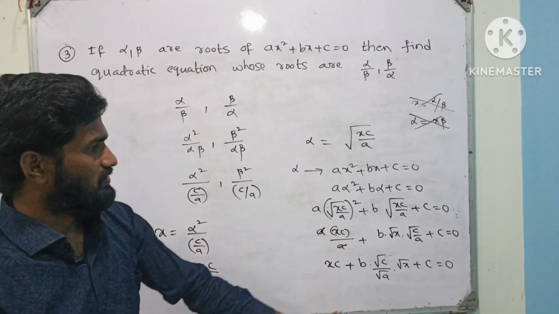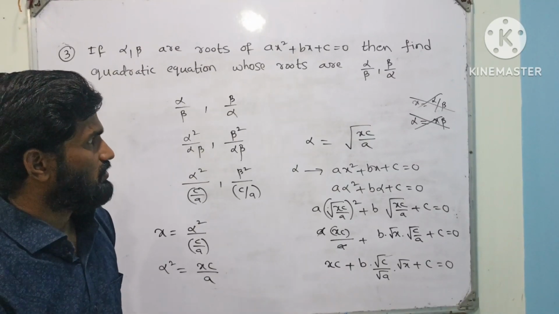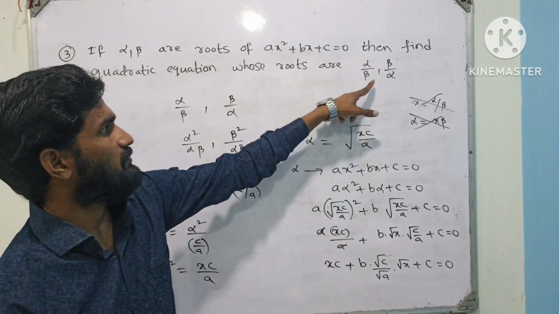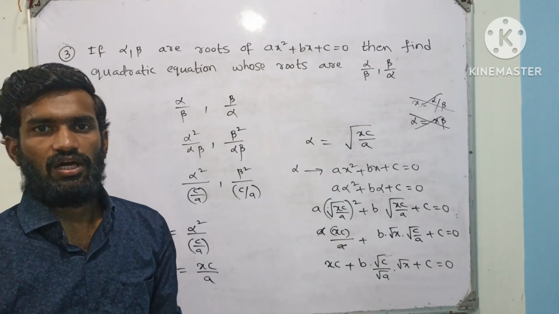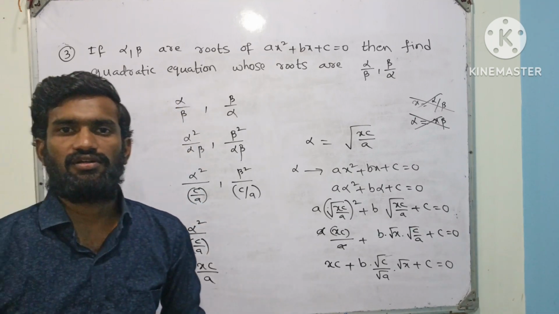Now this is the required equation whose roots are alpha by beta, comma beta by alpha. I hope you got this one. Once observe this one, we'll solve the next problem.